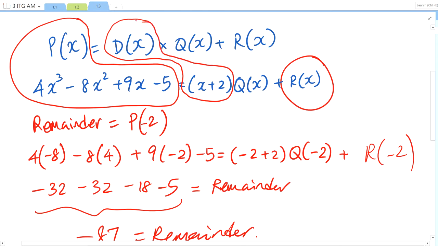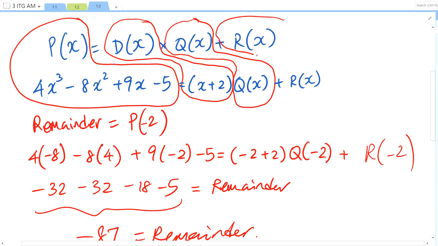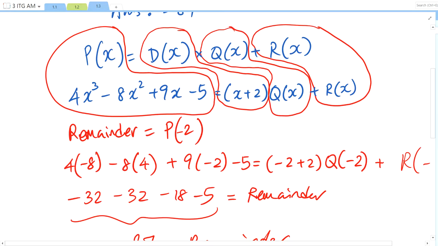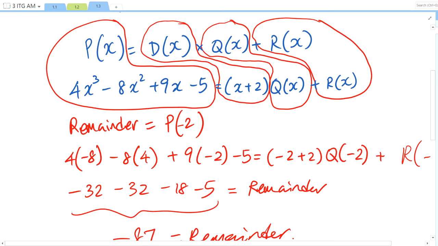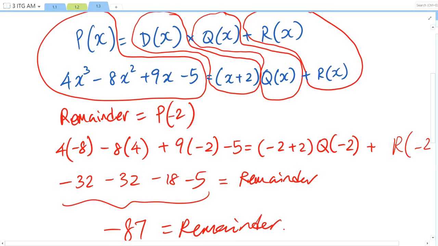We are dividing by x plus 2. Then we will get a quotient and we will get a remainder. This is for the example in, I think one of the first few ones. Worked example 8 if I'm not wrong. Yeah, worked example number 8.